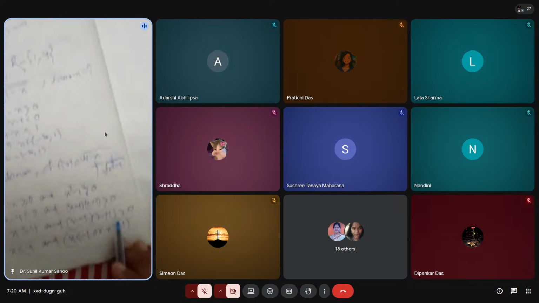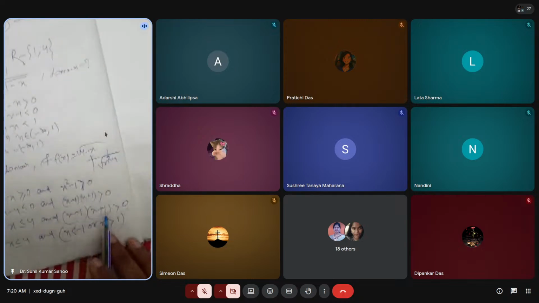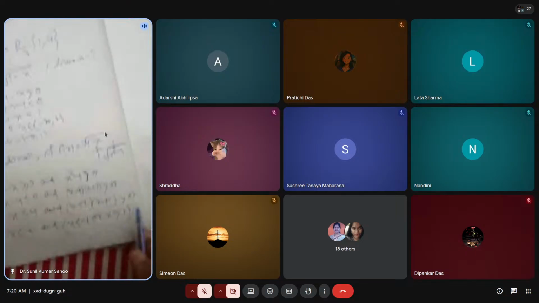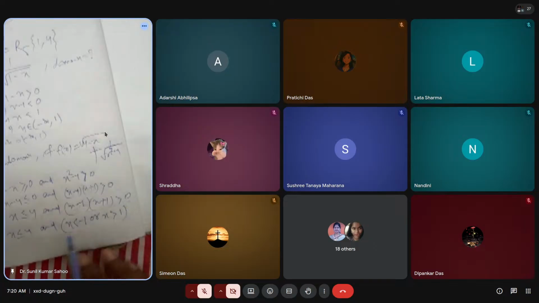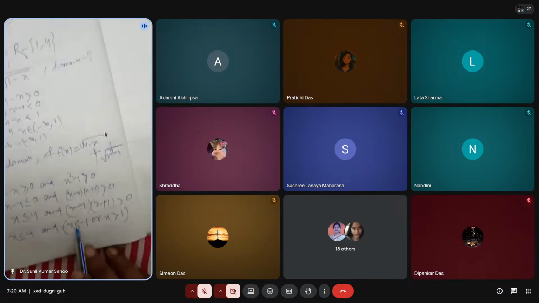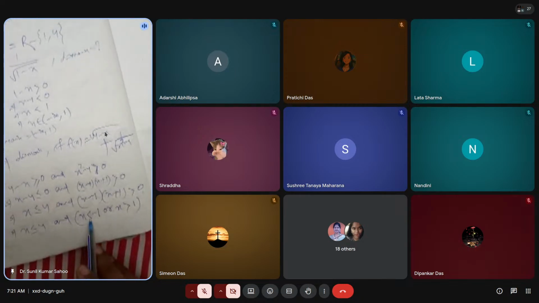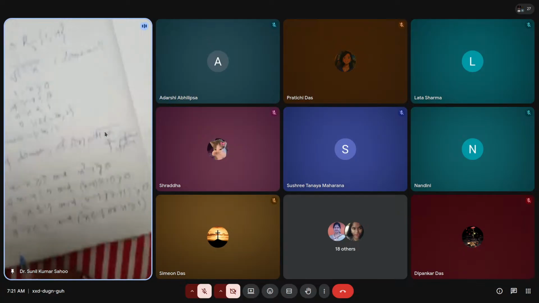If x minus 1, x plus 1 is less than 0, then x is greater than minus 1 and less than 1. Remember, for greater than 0, x less than minus 1 or x greater than 1. Okay, this is very very important. So here x less than or equal to 4 and x less than minus 1 or x greater than 1.